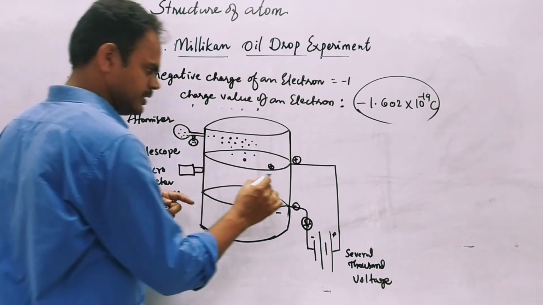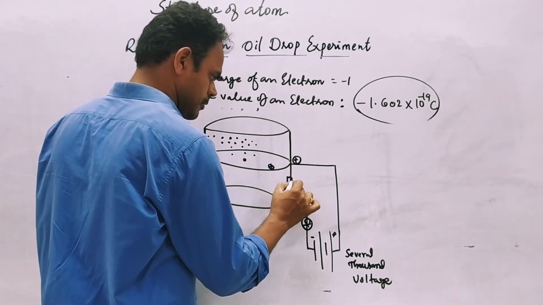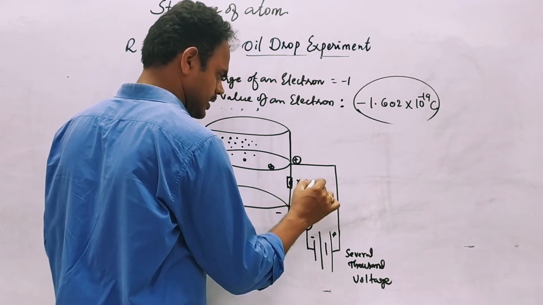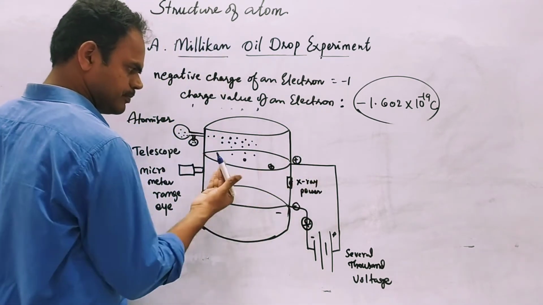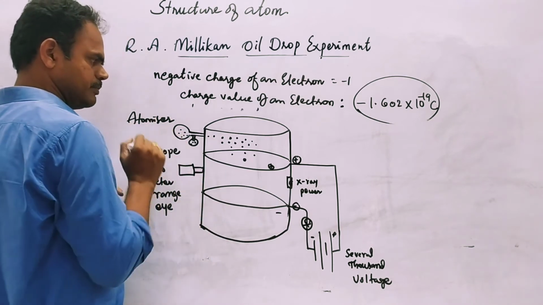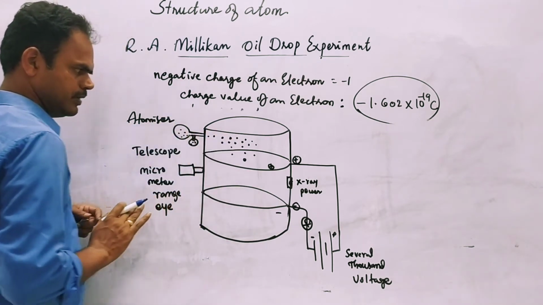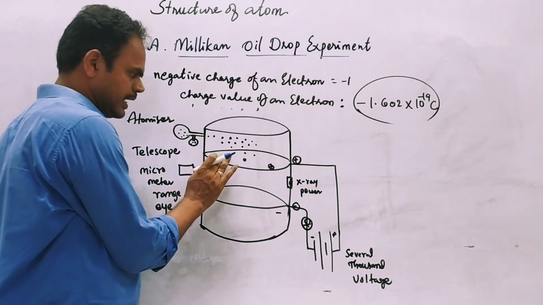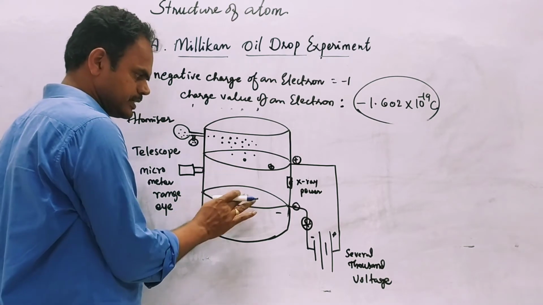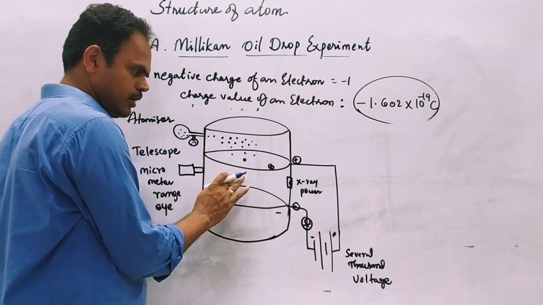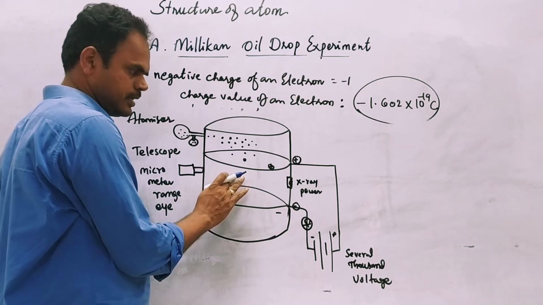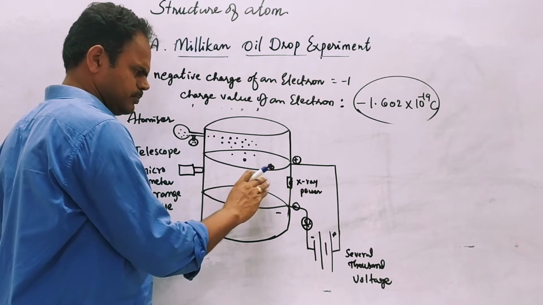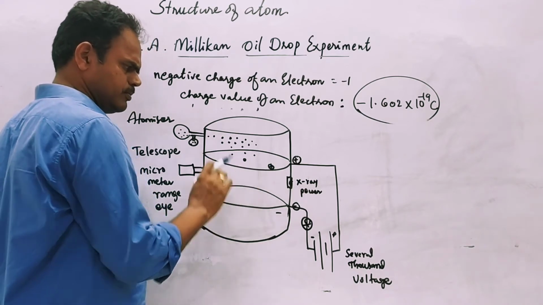Then there is an X-ray power source. X-ray source is available here, and we can pump an X-ray beam inside. Atomizer oil droplets will pass into this chamber. Between the two metal electric condensers there is a partial vacuum containing air.